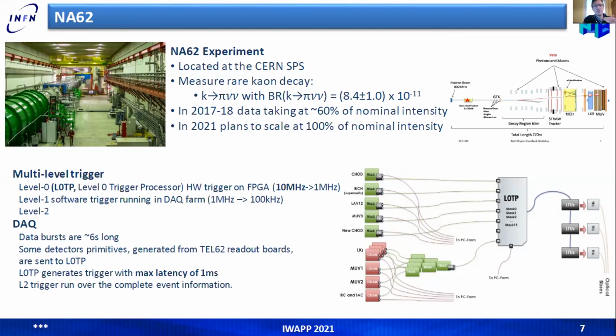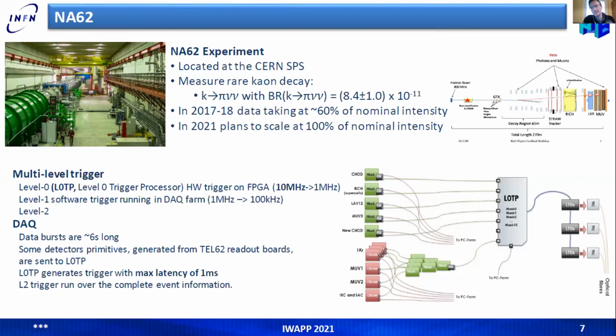So we work at the level 0, so at the low level trigger, where the event rate is 10 megahertz. We have a max latency of 1 millisecond in this experiment.